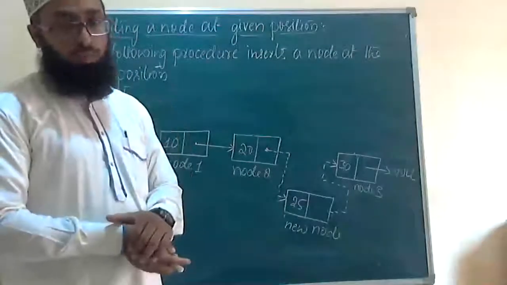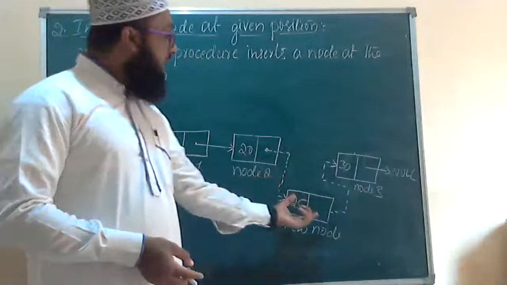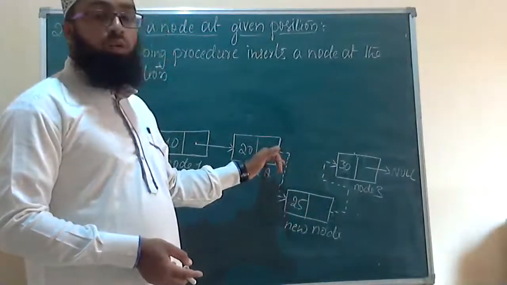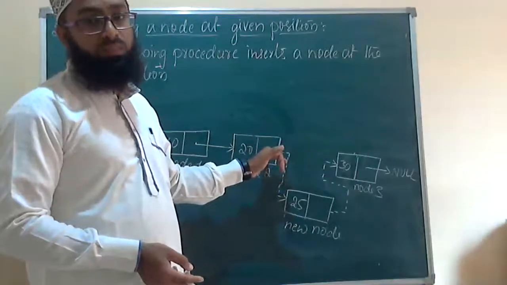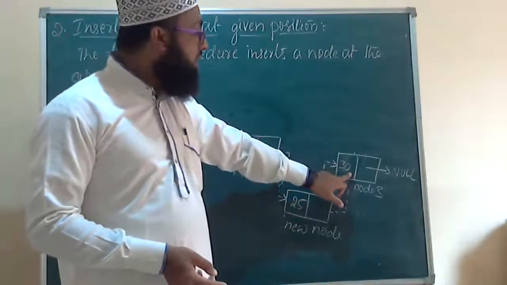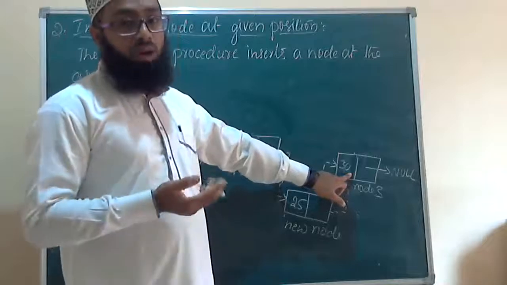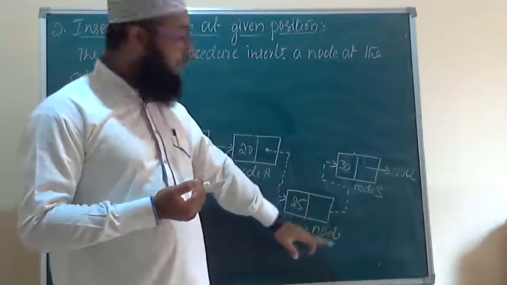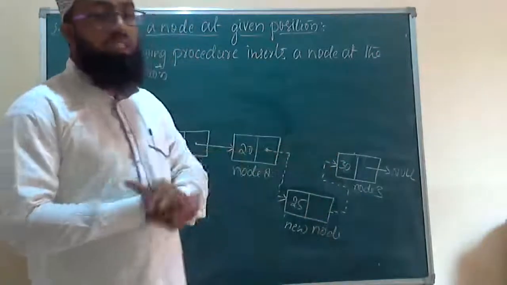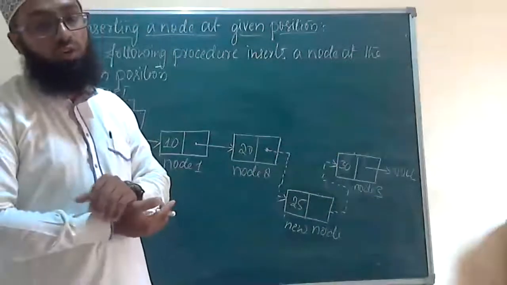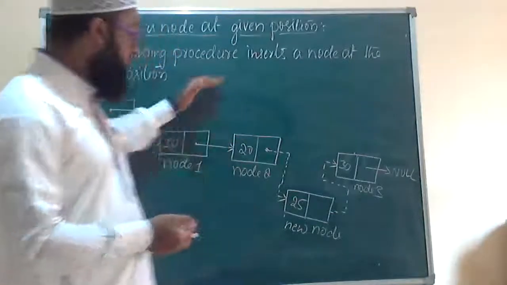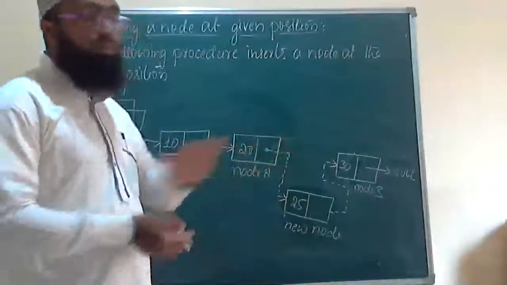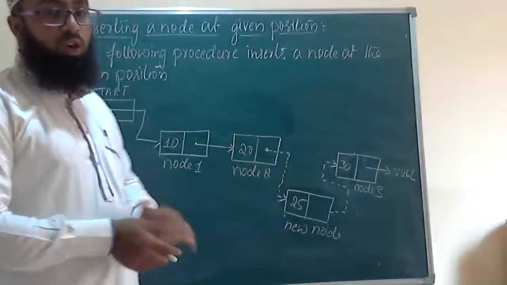Create a new node and give the address of the new node to the previous node's null field. Then give the address of the broken node to the new node. Then the new node will be inserted at the given position of the linked list. If we do like this, a node can be inserted in between the linked list or at the given position.